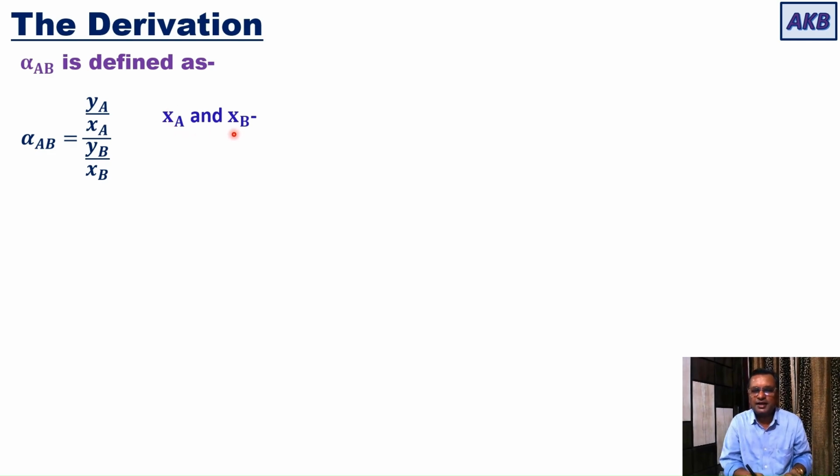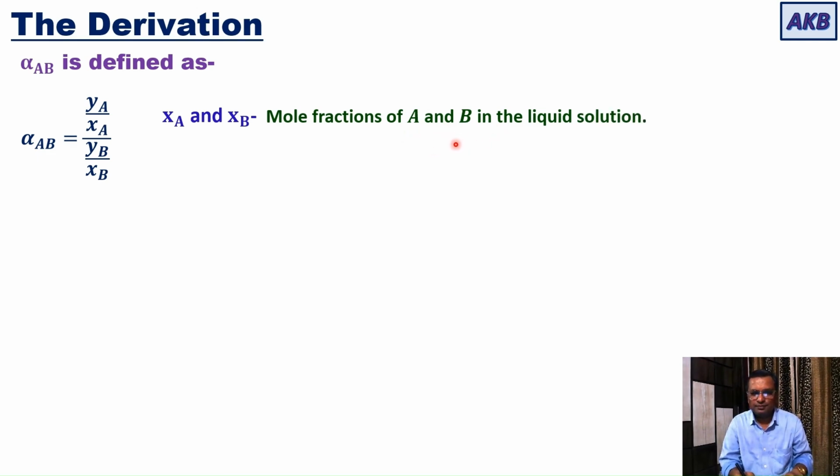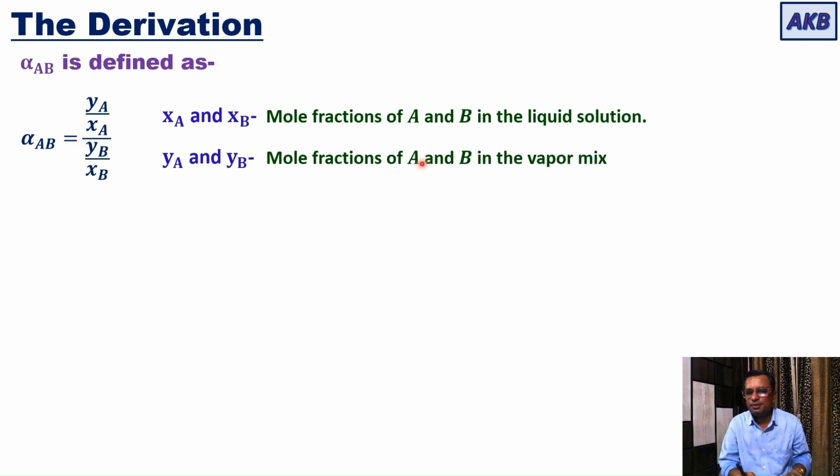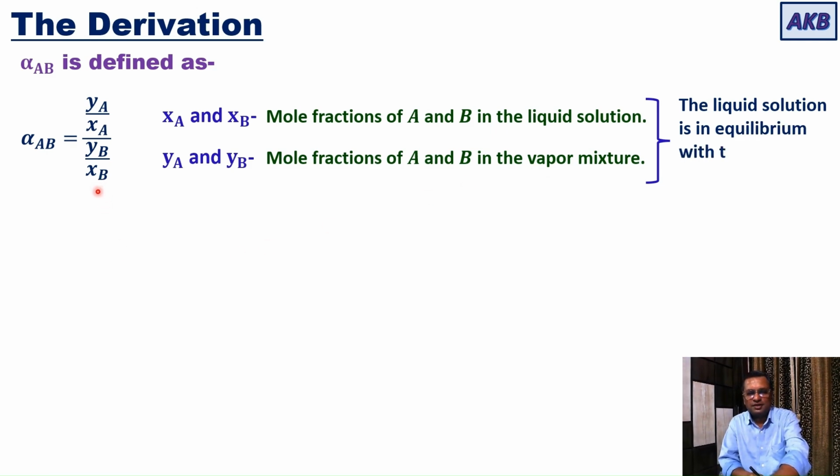Here XA and XB are the mole fractions of A and B in the liquid solution, and YA and YB are the mole fractions of A and B in the vapor mixture. The liquid solution is in equilibrium with the vapor mixture of the same two components. So, this definition is applicable when this is satisfied, and we are going to start with this equation.